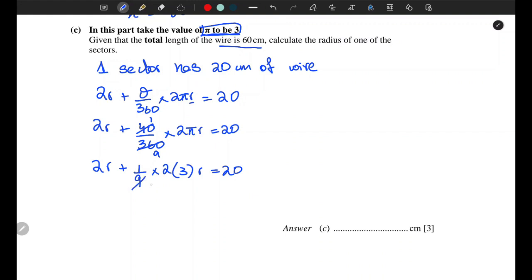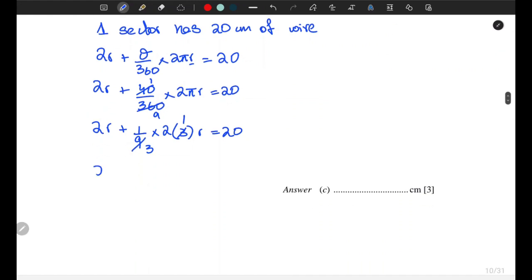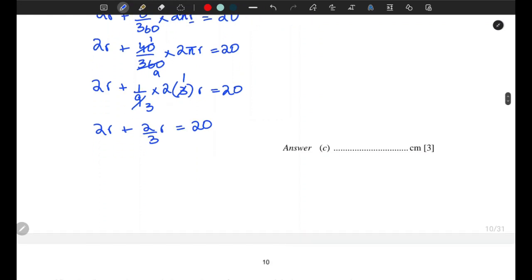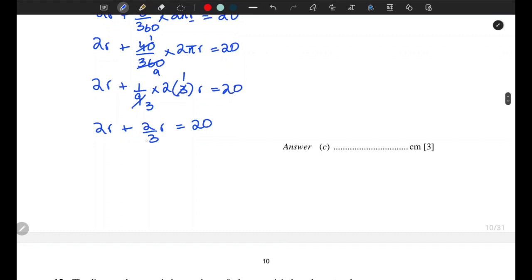So 9 cancels out with 3. This becomes 3, this becomes 1. So you get 2r plus 2 over 3 r is equal to 20. Multiply everything with 3 so that you get rid of this denominator. So you get 6r plus 2r is equal to 60.